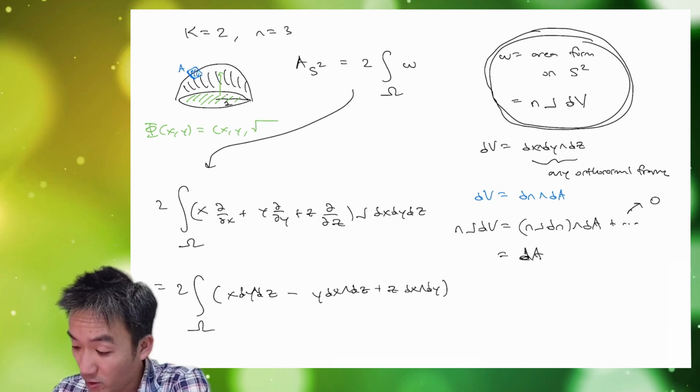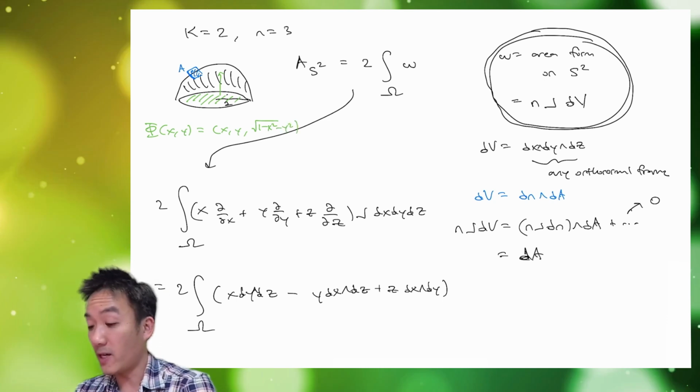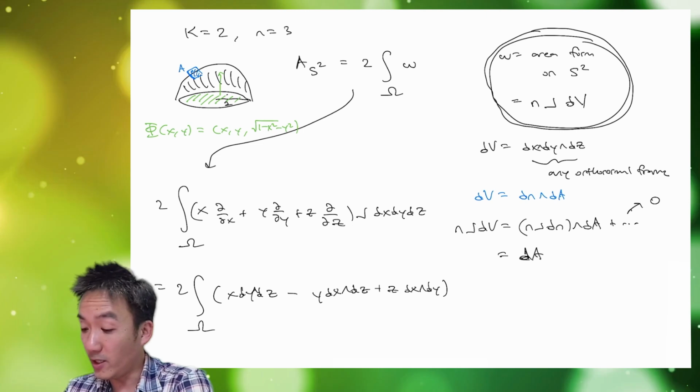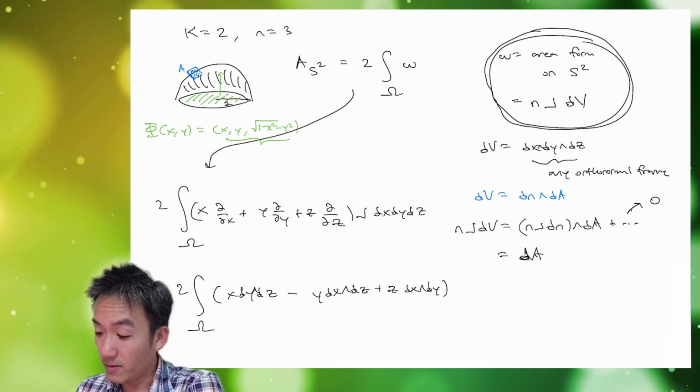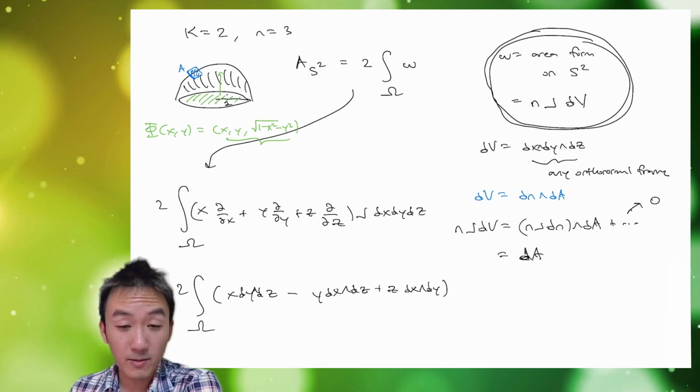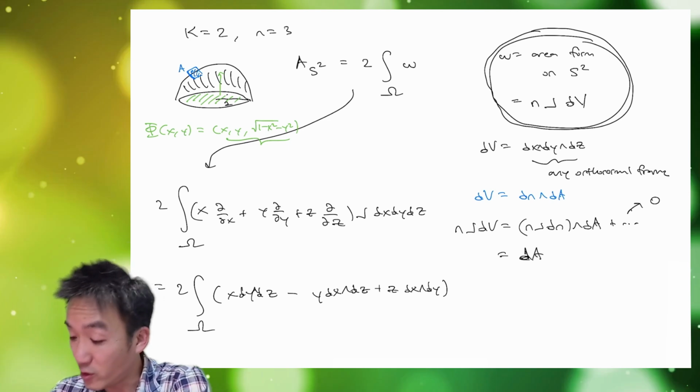So it's going to be the square root of 1 minus x squared minus y squared by essentially the Pythagorean theorem, right? We need this vector to have length 1, and so the z coordinate is determined by that and given by that expression that I just wrote.